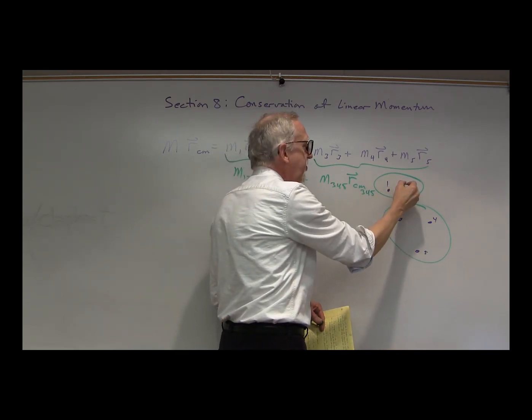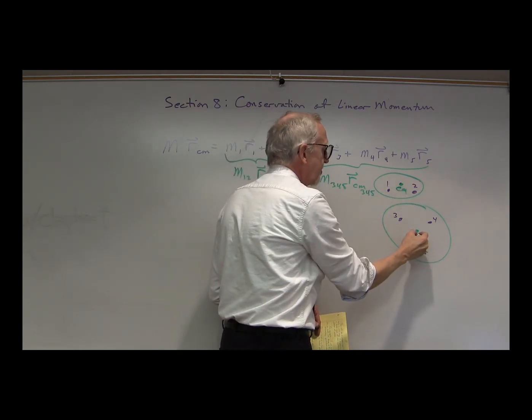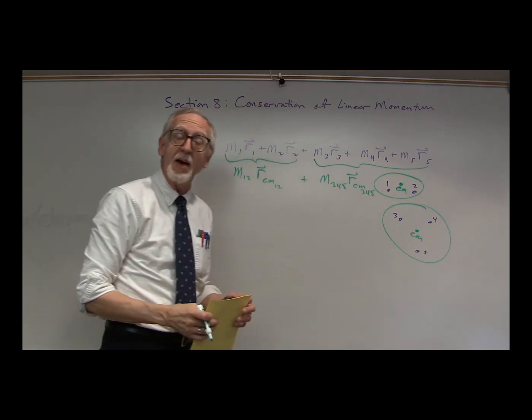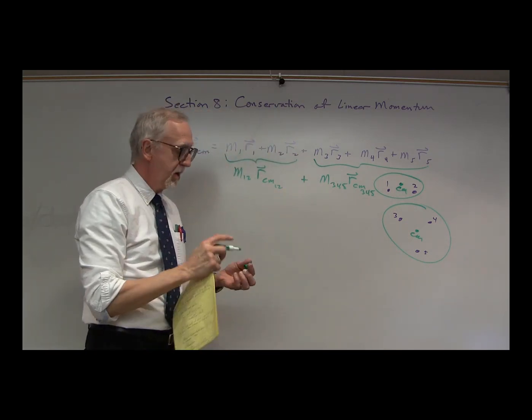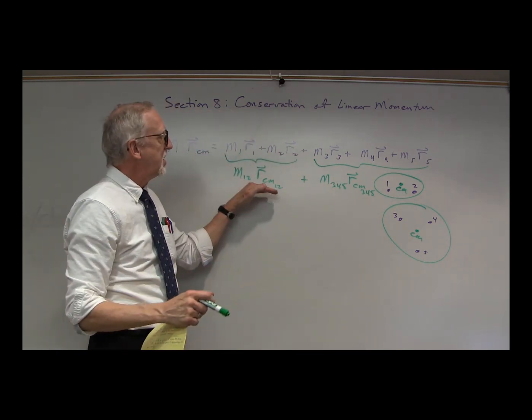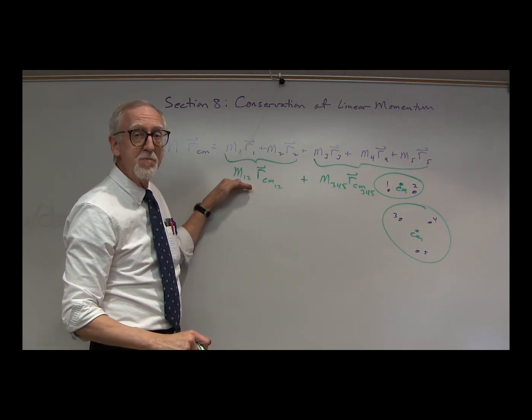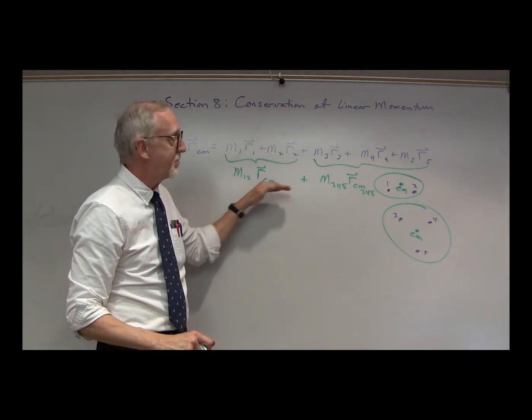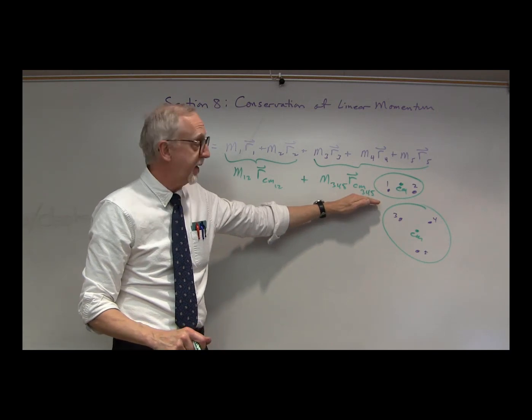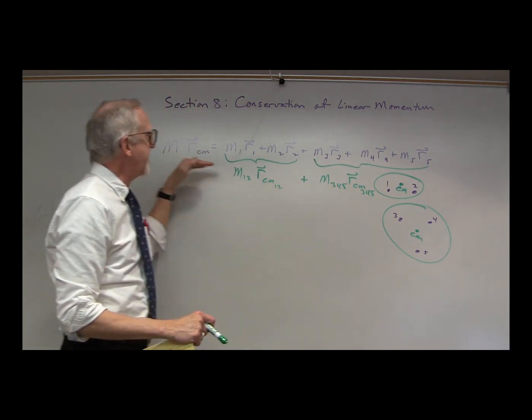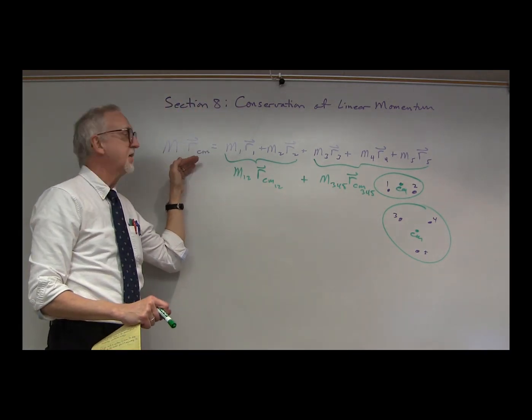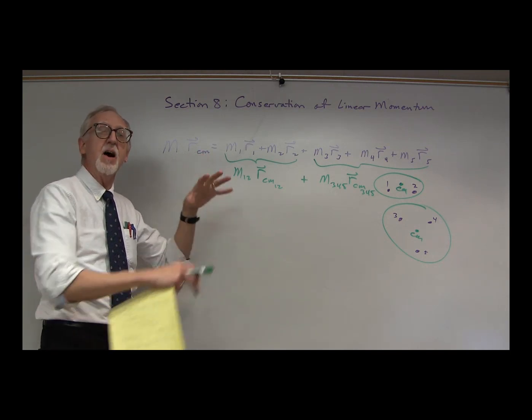So basically, if you have different parts with different centers of mass, you can find the center of mass of the entire system just by taking each individual part, its mass times the position of its center of mass, adding those together, and that's going to give you the total mass times the position of the center of mass of the entire system.